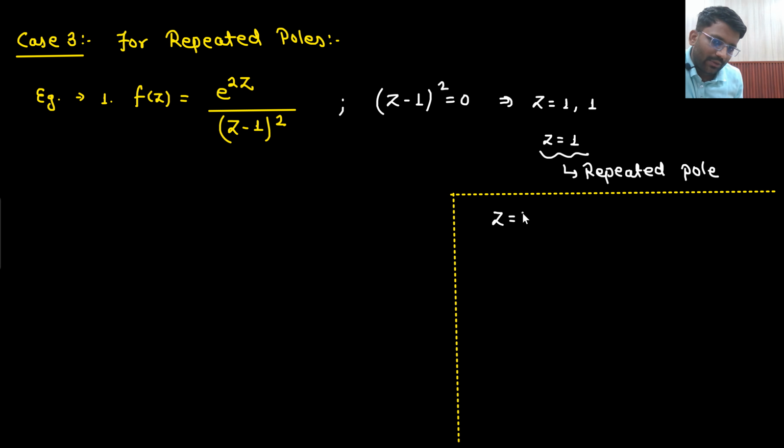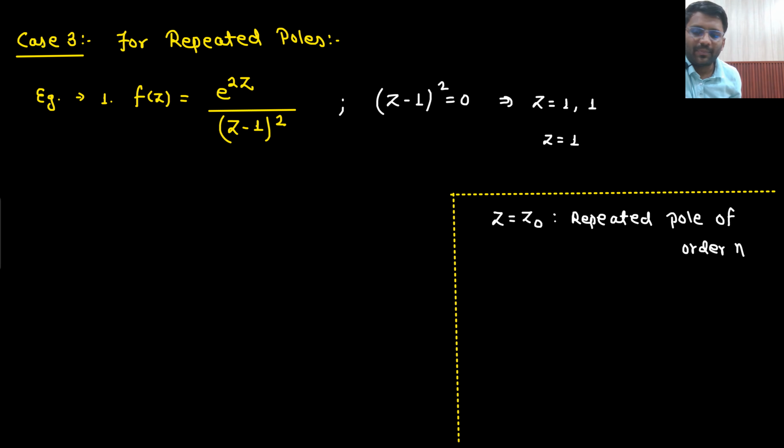So z equals to z naught is your repeated pole of order n. Z equals to 1 is your repeated pole of order 2 because it is occurring twice, right? So it is a repeated pole of order 2.